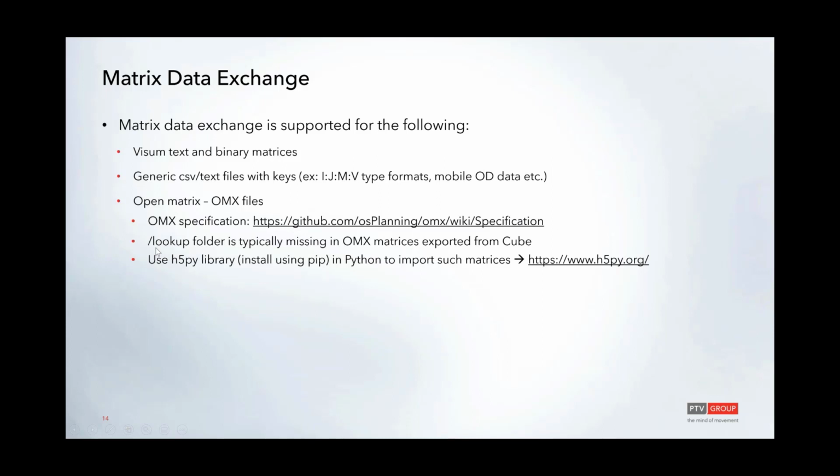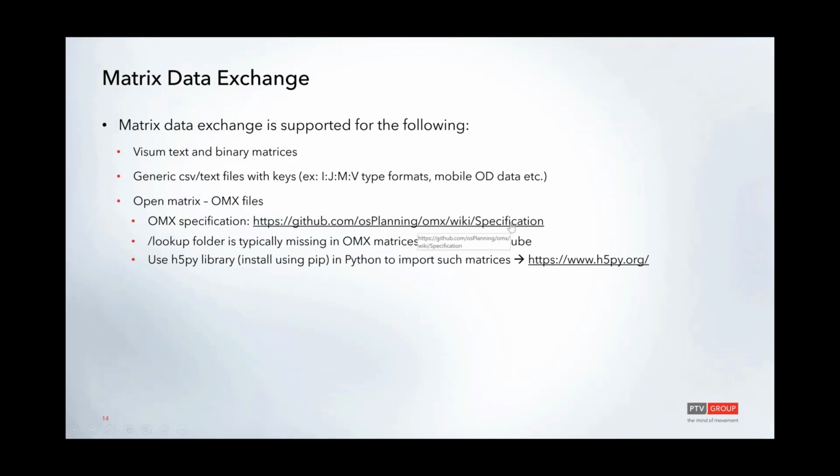We've noticed that sometimes this lookup folder is missing from some files, especially if you exported an OMX file out of Cube, in which case it might be easier to import this data with this H5 file library, which interfaces with HDF5 type file objects. We also have a template script for importing this kind of generic HDF data, and again, you can email us to obtain that template so you can get an HDF type import, which is non-standard to the specification here.